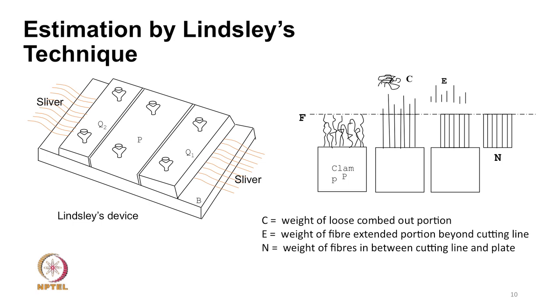Now, what we do? We put this plate Q2 back again and cut the portion which is extending beyond the plate Q2. So, if we cut along this line, this is the portion we call E. So, E indicates the weight of fiber extended beyond the cutting line, and the part which is here is the weight of fibers in between the cutting line and the plate.